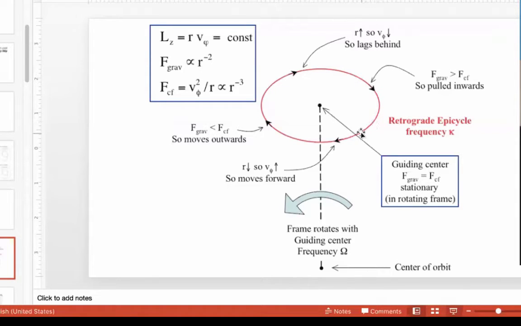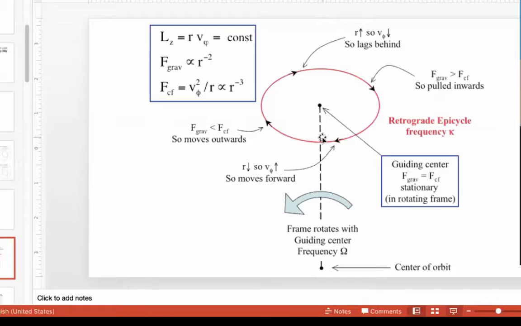And then, of course, now you're at a smaller radius than the guiding center, and everything's the opposite of what I said before. Now you're going faster than the guiding center, so you're overtaking it. You get out to a minimum distance away from the galactic center, and then you find that actually the centrifugal force is winning.